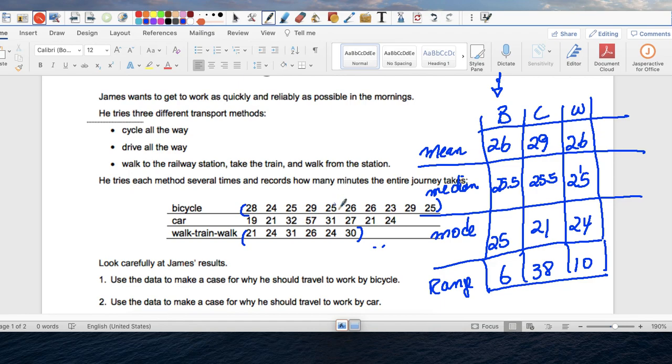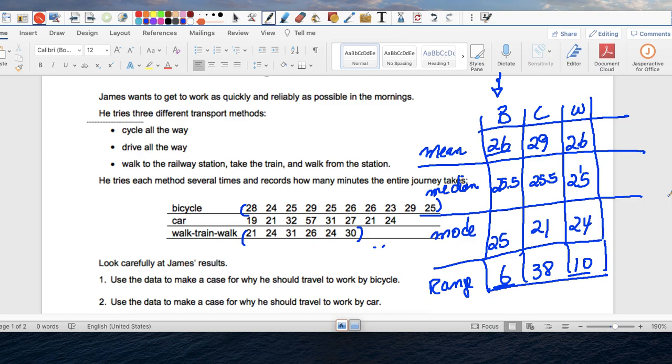The mean coupled with the range make the bicycle argument very strong, or at least definitely better than the car. And because there's a tie here with the walk, train, walk, you can say that because the range of the bicycle is smaller, it's less varied. So that would be my argument for the bicycle.